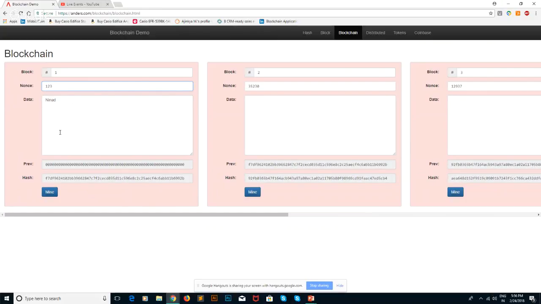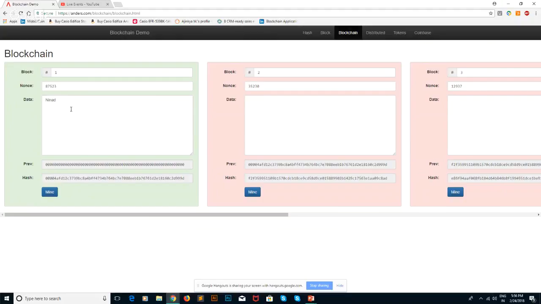I can change it n number of times, but it takes a lot of time. And this hash has 0, 0, 0, and then the rest of the numbers. Now the block of the blockchain and the transaction is stored.